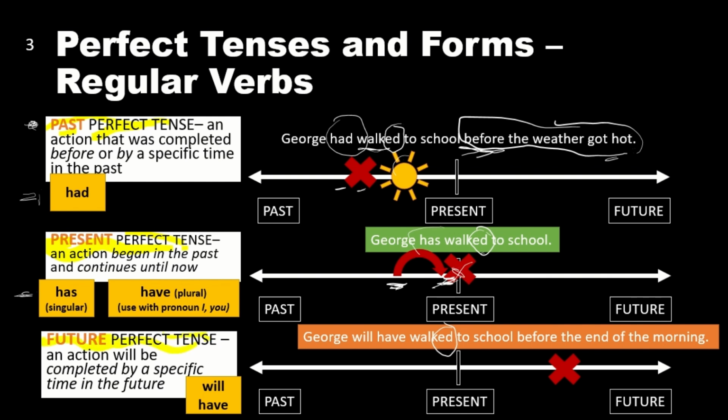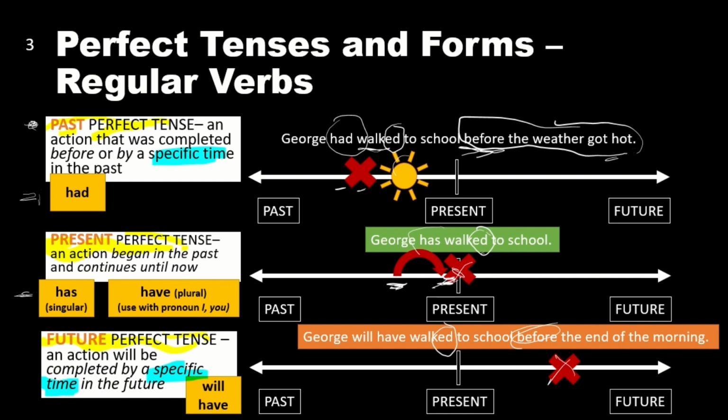Future perfect tense reads, an action will be completed by a specific time in the future. Once again, folks, when we're seeing the specific time, just the way we saw up here with past perfect tense, we know that the sentence is going to give us more information about this time. Because look at our example. George will have walked to school before the end of the morning.